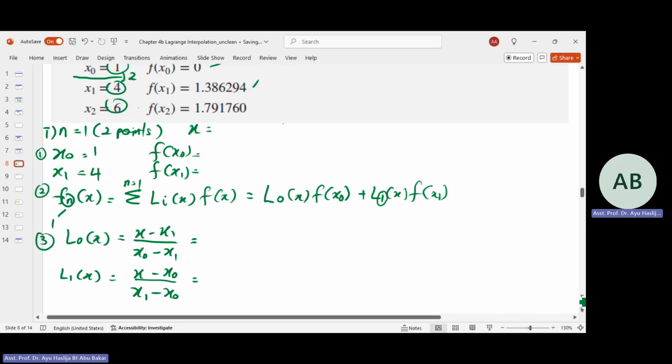Your x now is 2. Find out what is your L0 and L1.